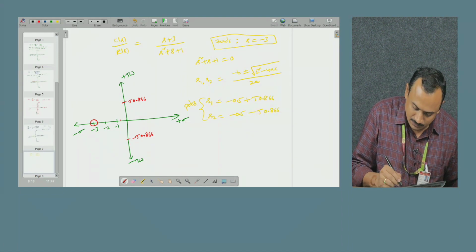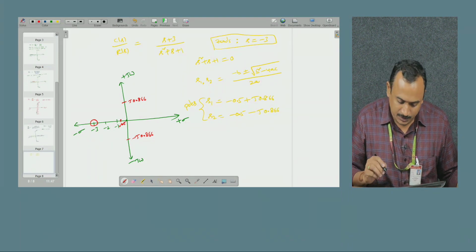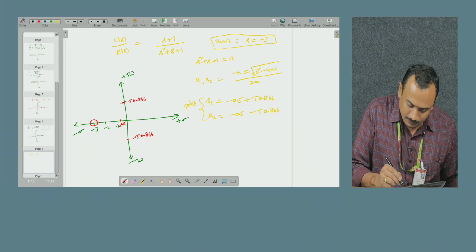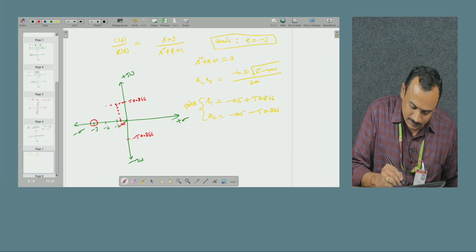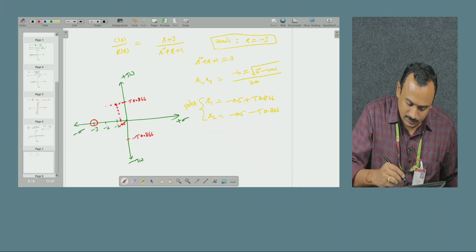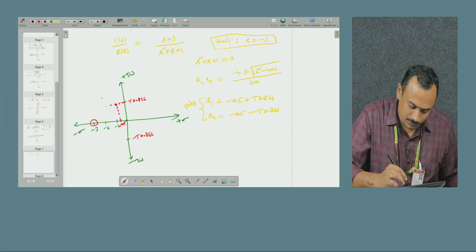It is at -0.5, and if I extend this and extend this, there is a common point, which gives you -0.5 plus j 0.866.